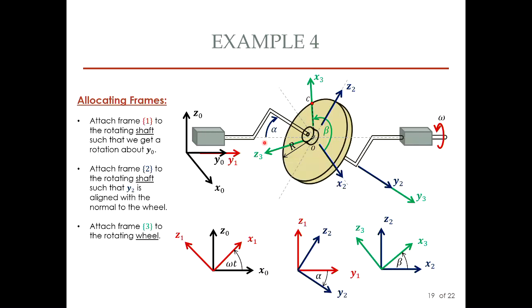Now the next coordinate system is this blue one, frame 2. And pay attention, frame 2, despite it being drawn on the wheel, is not attached to the wheel. It is still attached to the shaft.